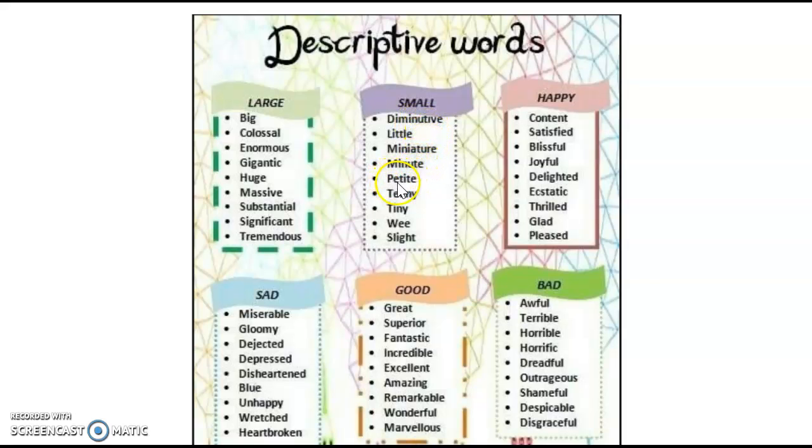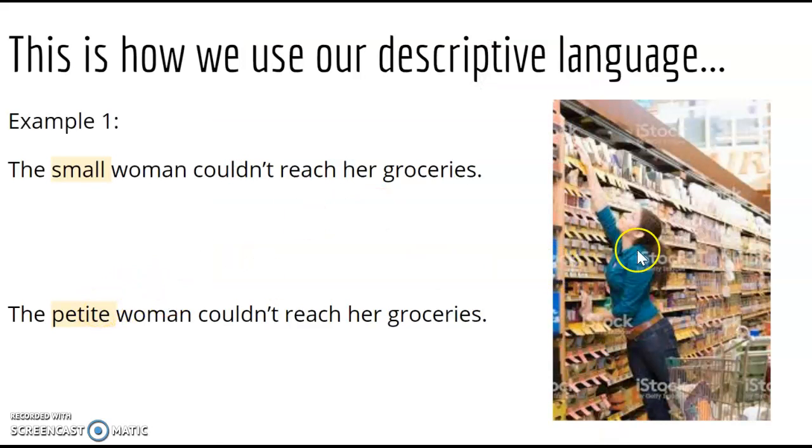And this word right here, petite, stood out to me because petite means more about being short than small in general. And that also explains why she couldn't reach those groceries. So then I changed my sentence, and my new sentence is, the petite woman couldn't reach her groceries. Now, not only does that word petite describe the woman better, it also gives more reasoning as to why she couldn't reach her groceries. So it had two really good uses there.